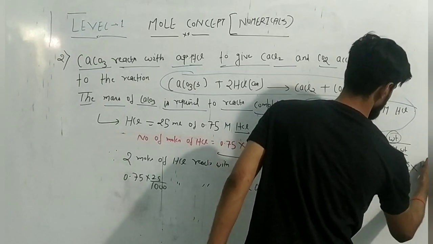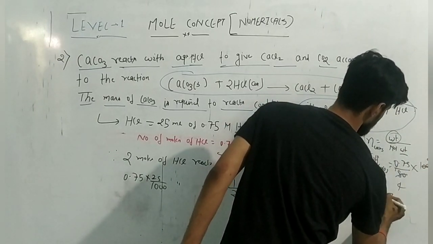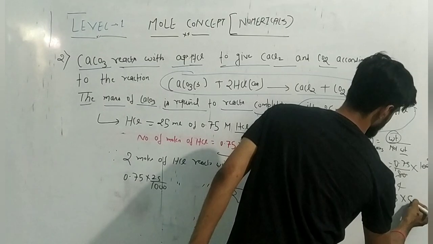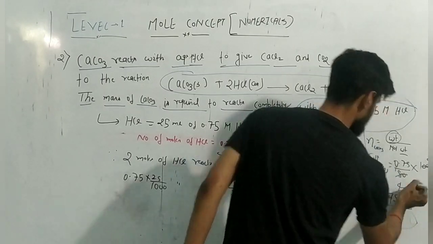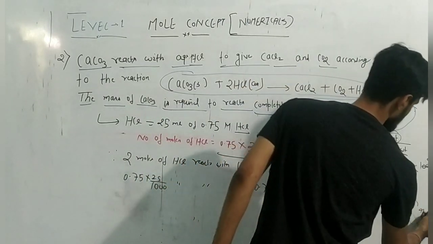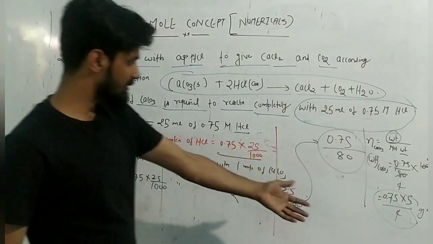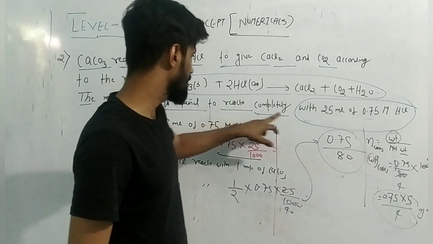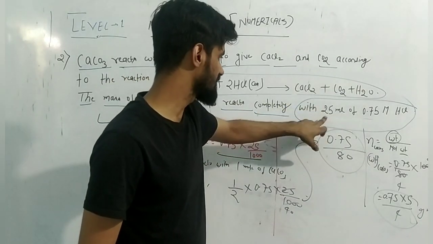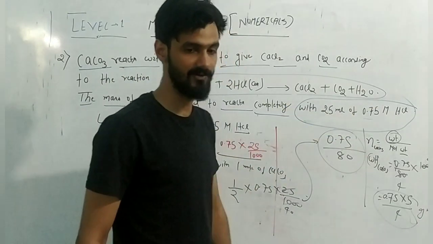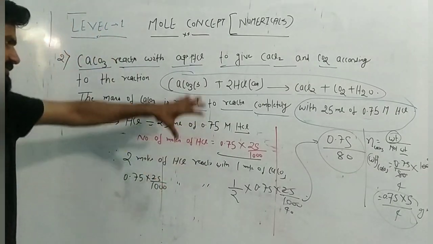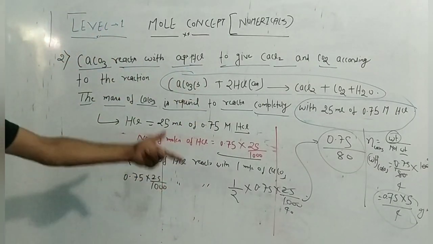So you will get 0.75 multiplied with 5 by 4. That much weight, in grams, will be required to react with 25 ml of 0.75 molar solution. So this was one of the basic questions, that's easy.